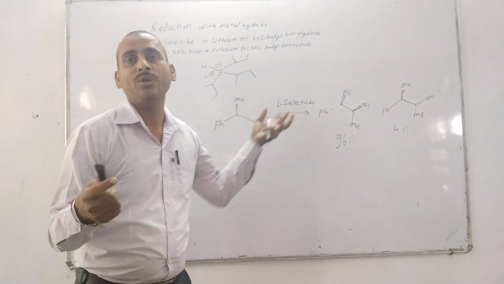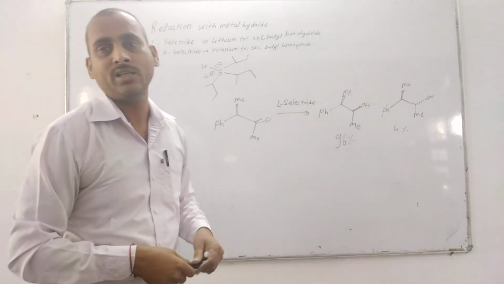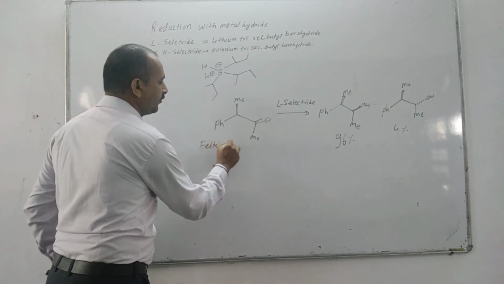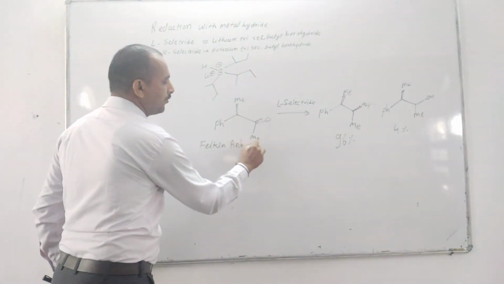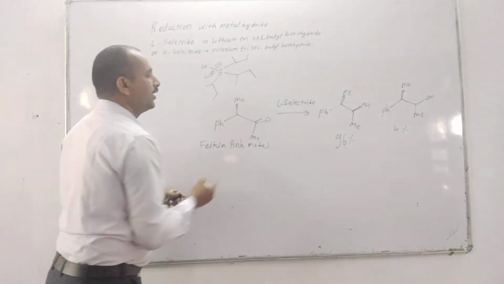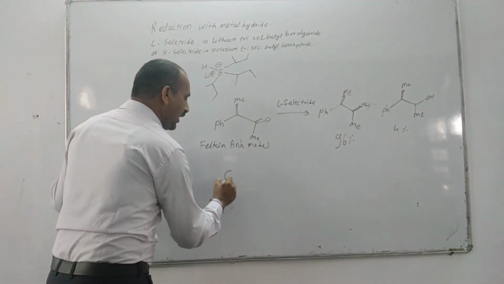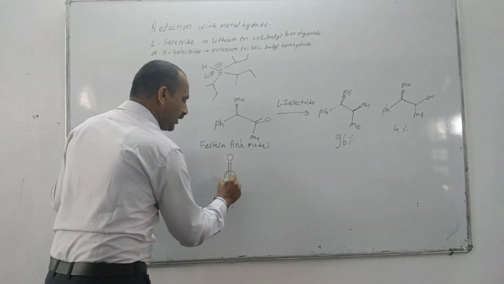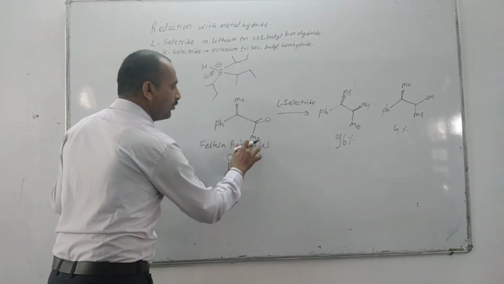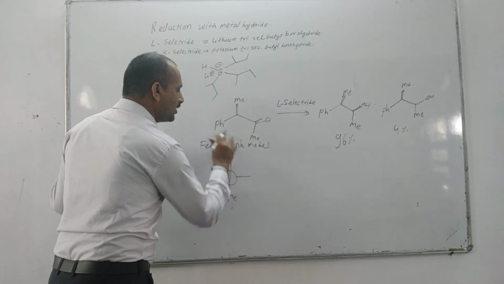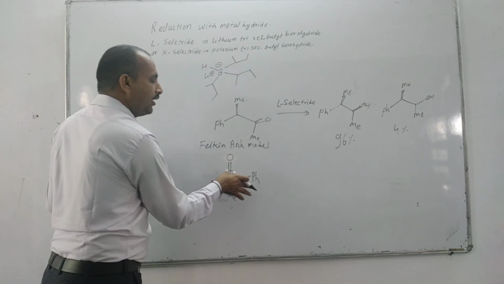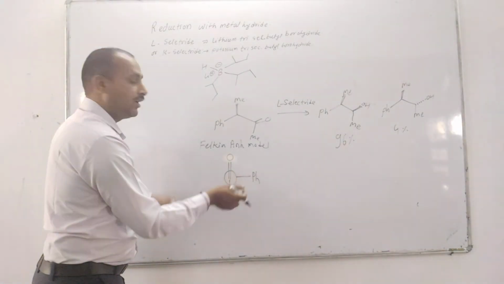So let's see how the major product is obtained by using the Felkin-Anh model. In the Felkin-Anh model, the central carbon is the carbonyl, and there is a methyl group present on the carbonyl. Then the large group is present at a 90 degree dihedral angle.